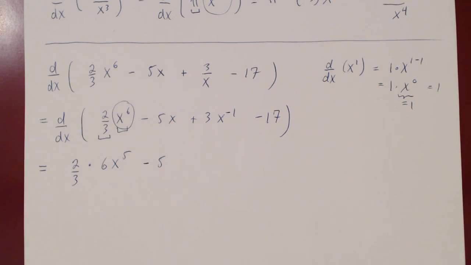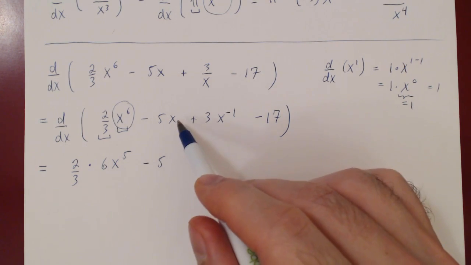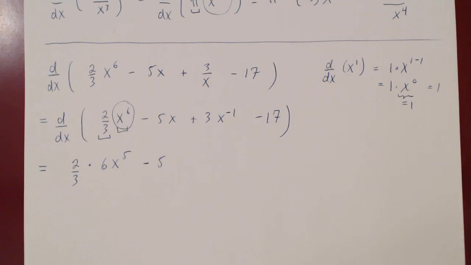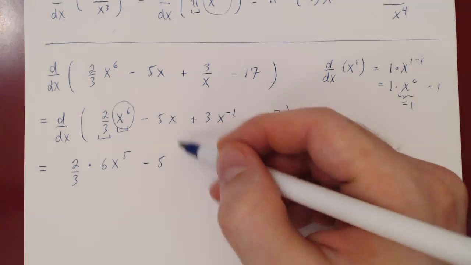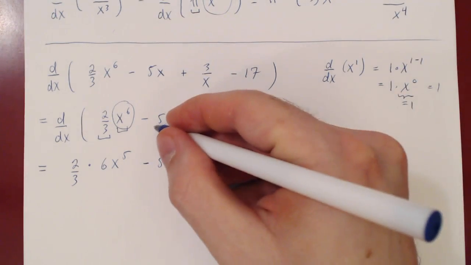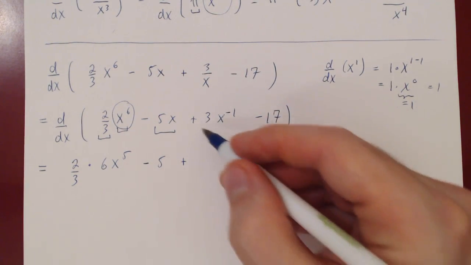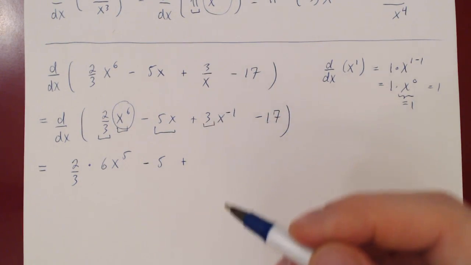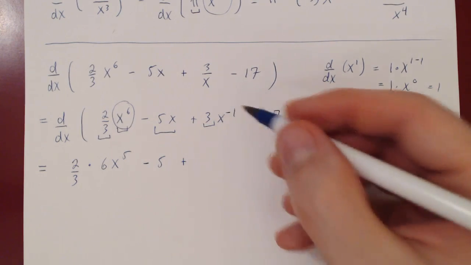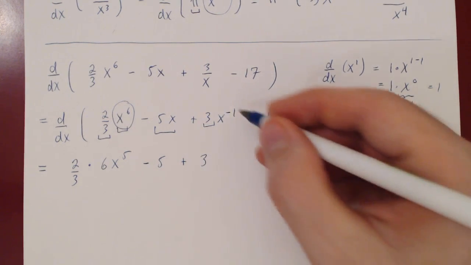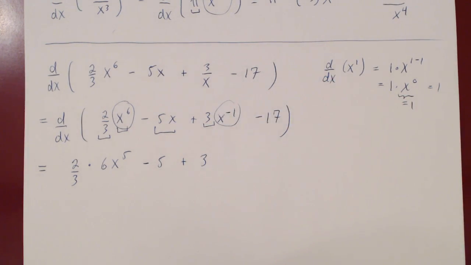Or you can think of it even in simpler terms. y equals x is the line y equals x, so it has a slope of 1. So the derivative of x is just 1. That takes care of the second term, plus 3 here is a constant multiple, so 3 times the function, so 3 stays there, times the derivative of x to the negative 1.